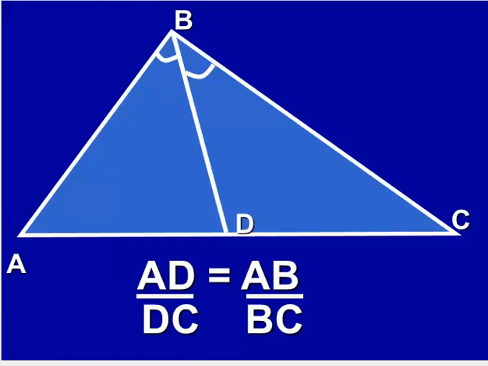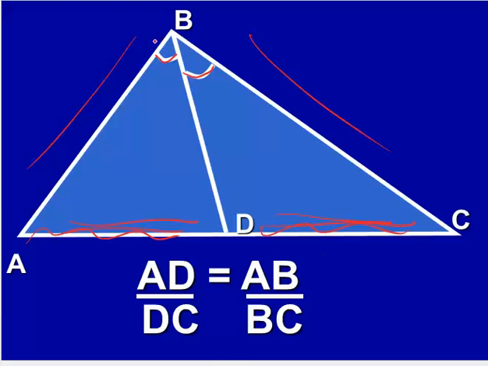So here we have segment BD, an angle bisector. So it's bisecting this angle. These two parts are the same. And it's going to cut this other side into pieces that are proportional to these other two sides. So I could do AD over DC, left of the bottom, right of the bottom.